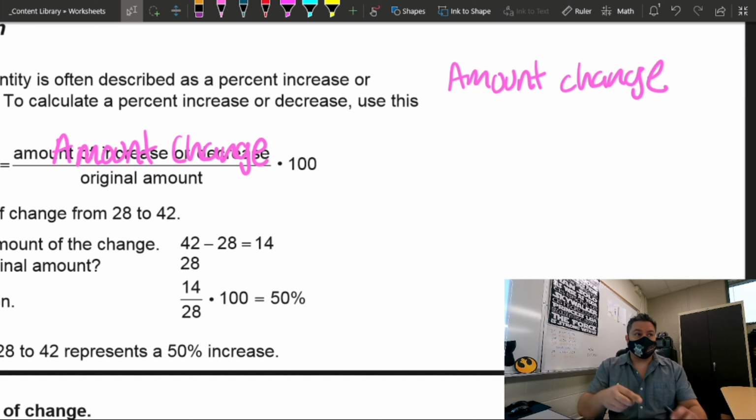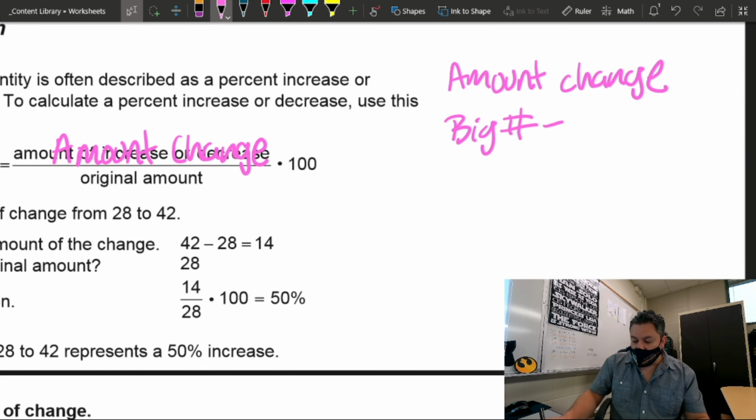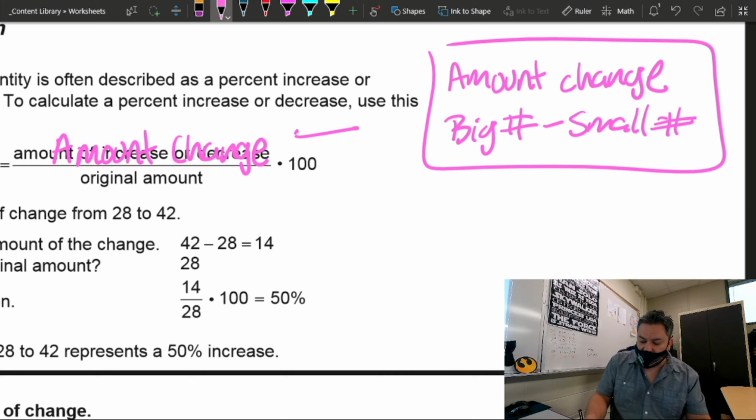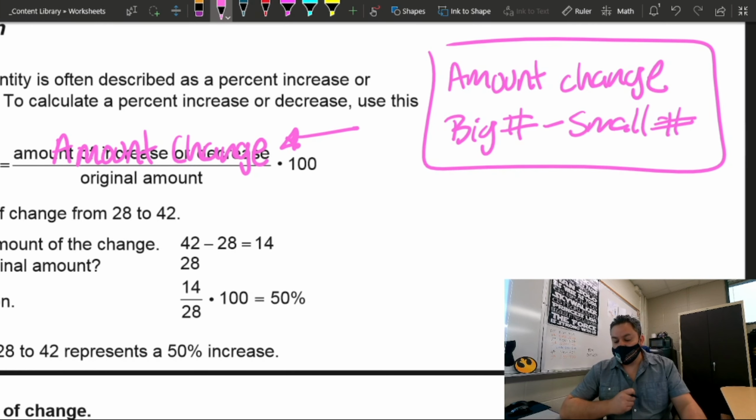All you do to find the amount change is take the big number and subtract the small number. And that's it. That's how you find the number that goes on the top. Big number subtracted by the small number. You put that number on the top, put the original number on the bottom, and then move the decimal two places to the right. You're good to go.